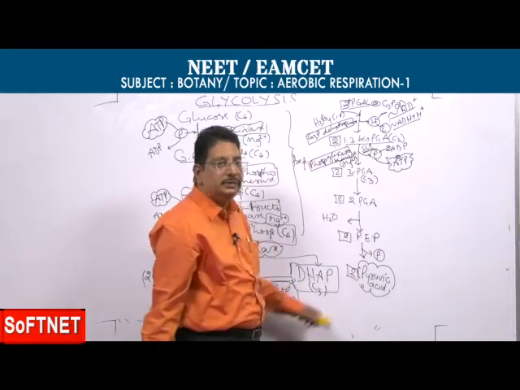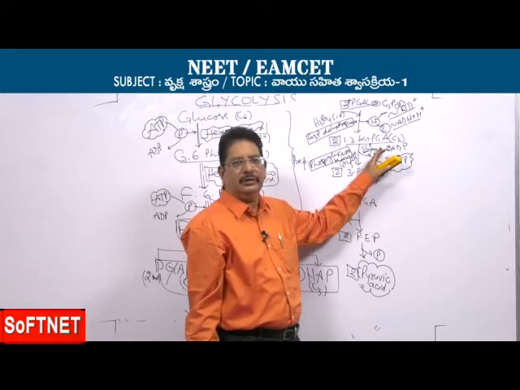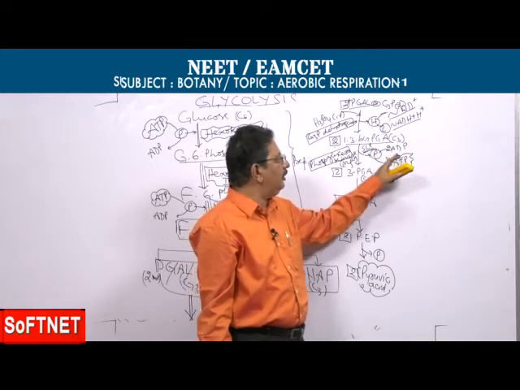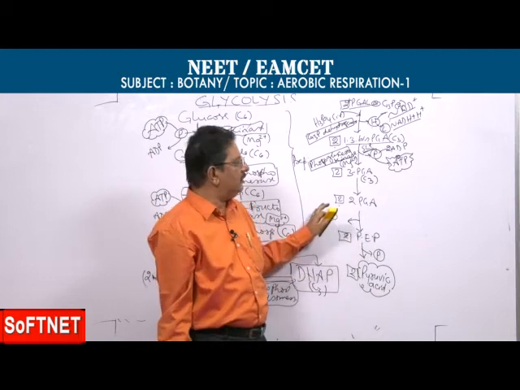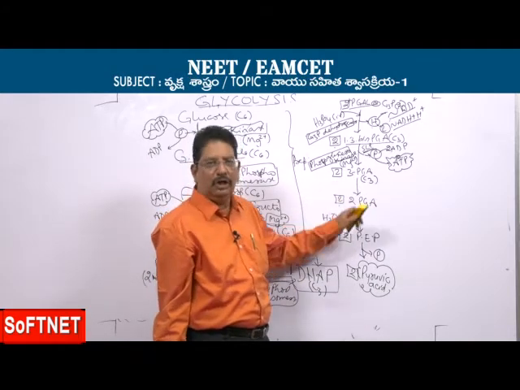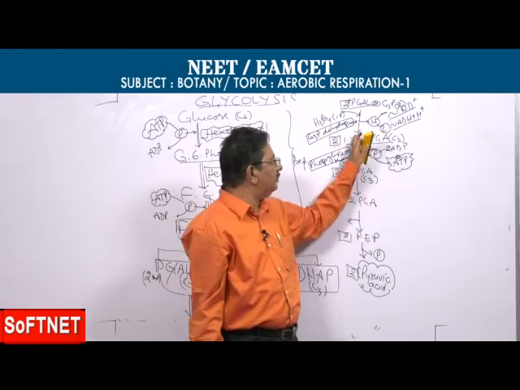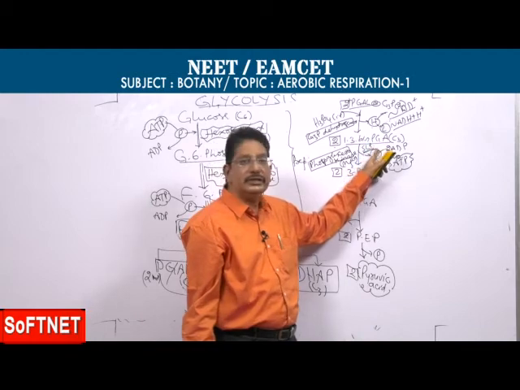What does SLP stand for? Substrate level phosphorylation. It is one type of ATP formation that occurs in cells without electron transport system involvement. If ATP is generated at substrate level, it is called SLP.